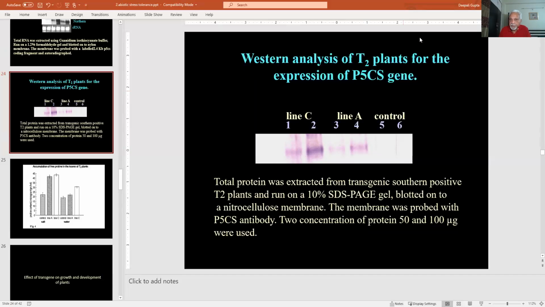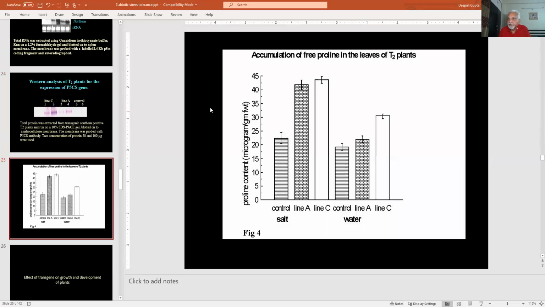Now, whether this protein is active and doing its job was checked by looking at the proline accumulation. If you see here, under normal conditions when you grow the plants and look at the proline contents, you can see there is a difference.